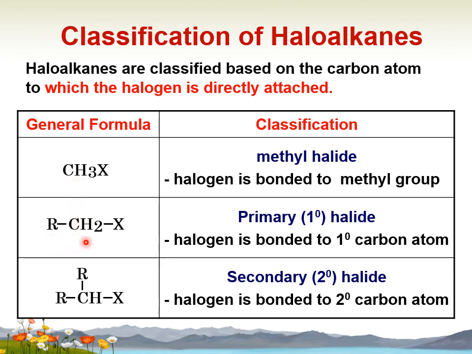For RCH2X, X is attached to a primary carbon, so it is called a primary halide. For the third example here, as you can see, the carbon is attached to two carbons, 2R, so it is a secondary carbon. Therefore, we call this compound a secondary halide because the halogen is attached directly to the secondary carbon.